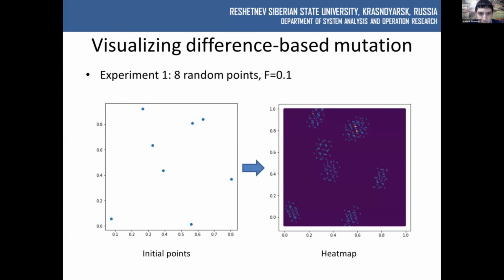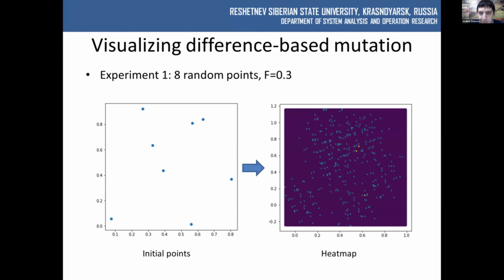For example, the 2 points on the top right, which are close to each other, you can see that their clouds are combined. Okay, but this is 0.1. It actually looks like local search. If we increase to 0.3, okay, well, this looks just like some random search.